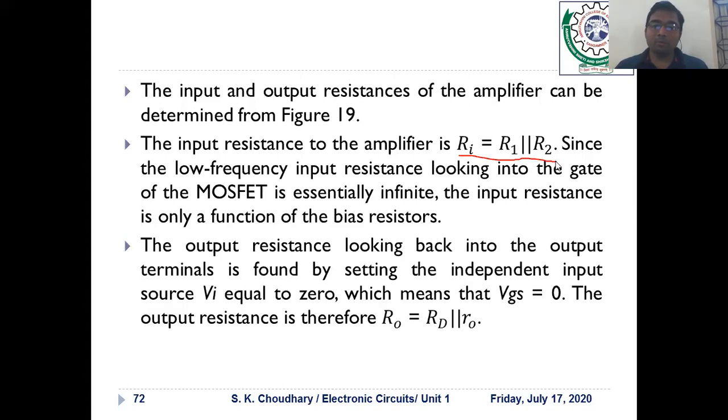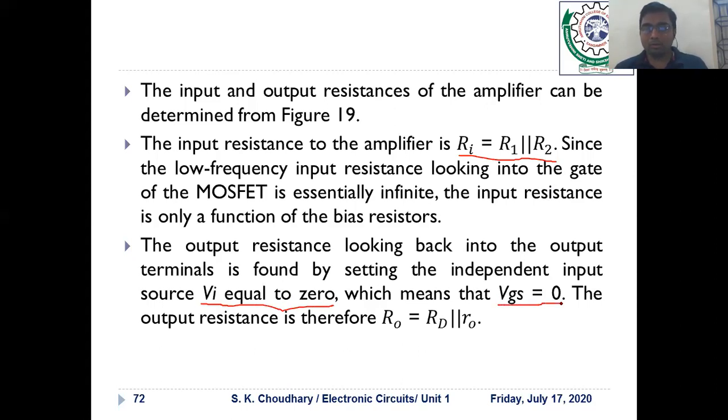Similarly, when we go to the output side, how do we determine R0? By first condition, you have to make Vi, the source voltage, zero, so that your VGS would be 0.